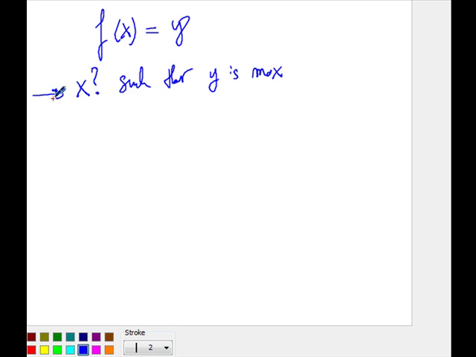Well, the recipe in calculus is to take the derivative of y as a function of that particular variable, dy/dx. That's the first thing that we do in Calculus 1, step 1. Step 2 is to set this equal to 0.